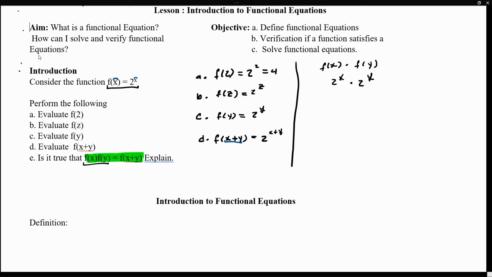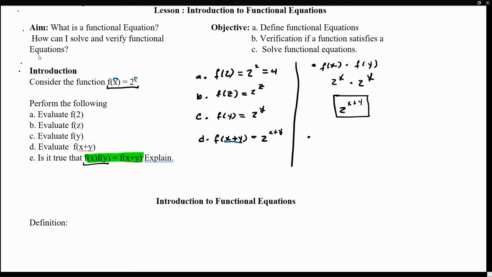So therefore, f of x times f of y is 2 to the x times 2 to the y. Notice that we have the same base, so we can add the exponents. So f of x times f of y is just equivalent to 2 with an exponent of x plus y.